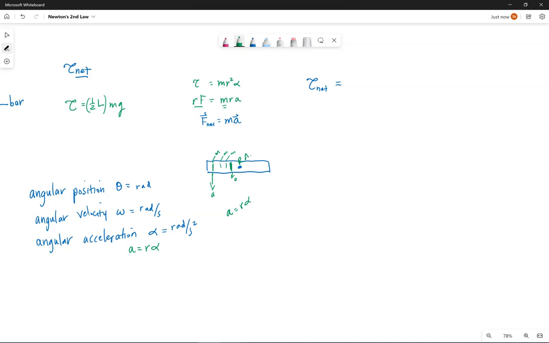The net torque is equal to a quantity that we use a symbol I to represent. It's called the moment of inertia. Another term for that is also called rotational inertia.